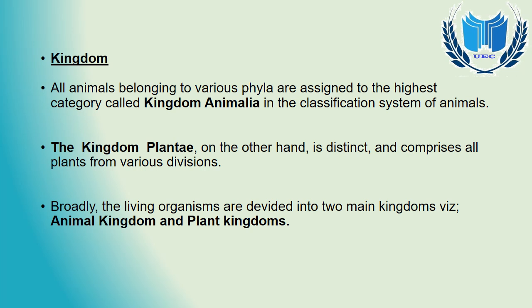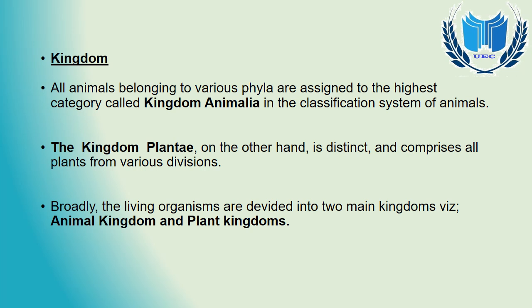The highest category in taxonomy is kingdom. As I just said, there are two types of kingdom. One is called kingdom Animalia and the other is kingdom Plantae.